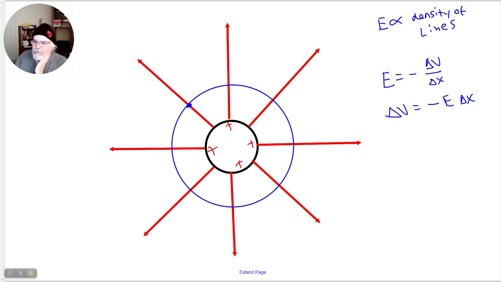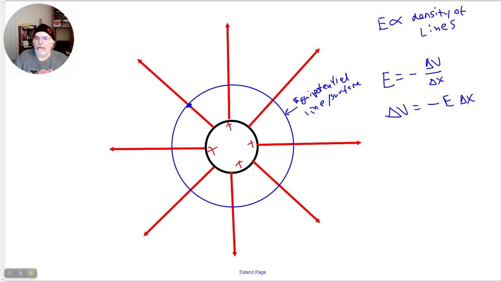The distance from the surface is the same. And so the potential difference going from the surface to this point is going to be the same for every point on that circle. So that circle is an equipotential surface. The potential is the same at every point on that circle. Equipotential line. Or actually it's a sphere, so it'll be an equipotential surface.